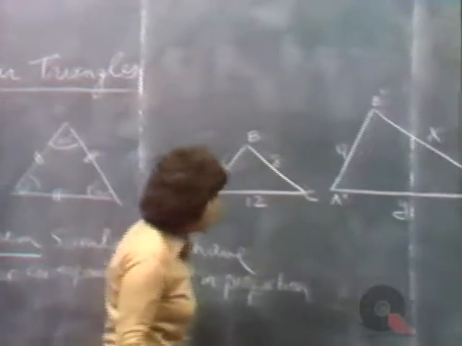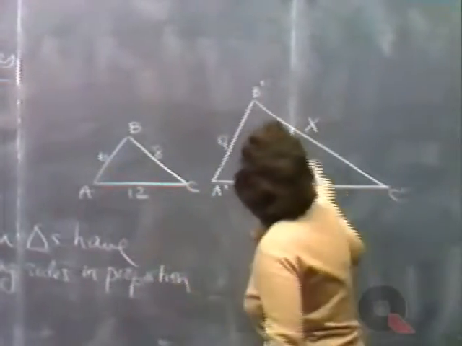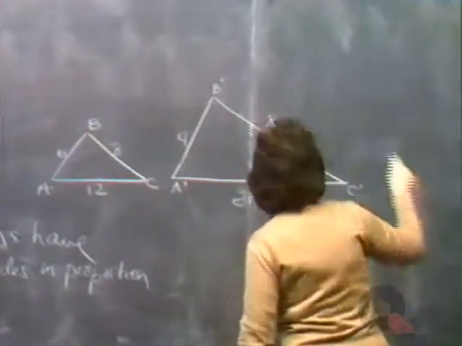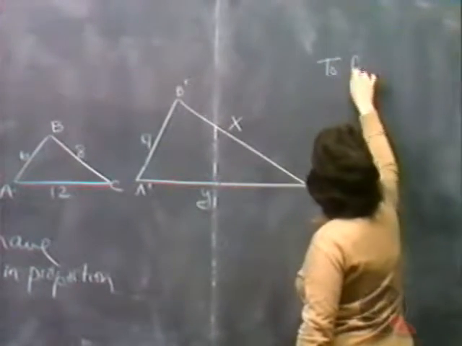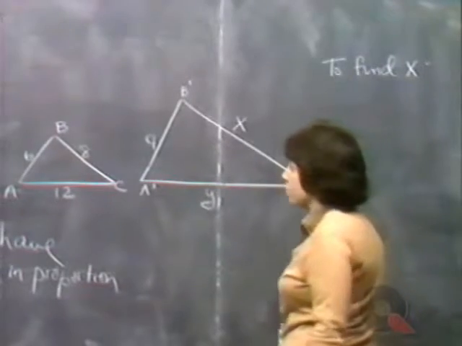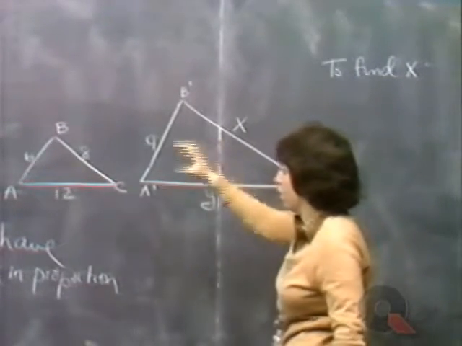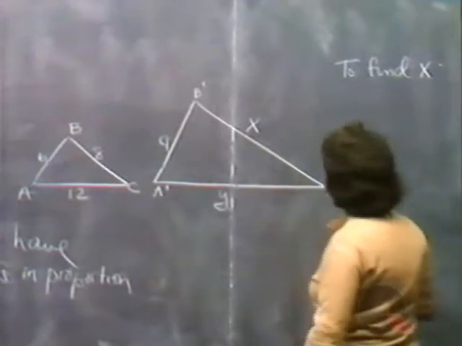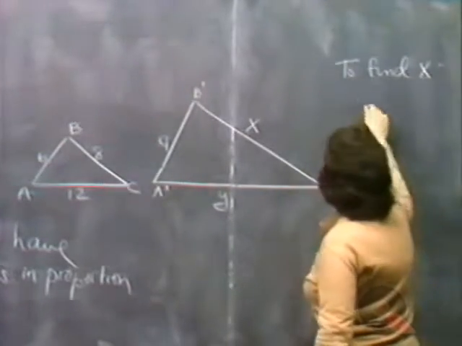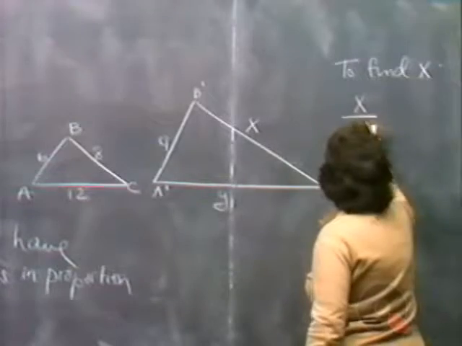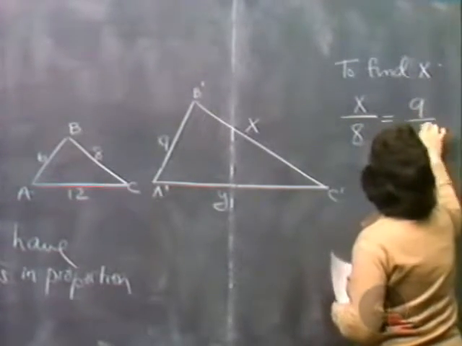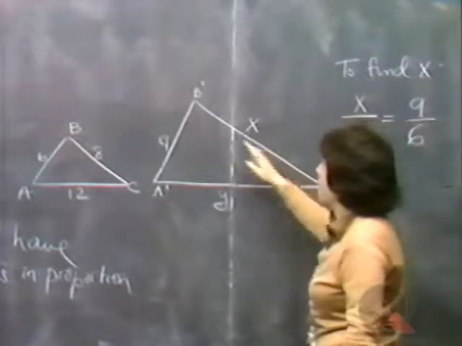Let's start off by trying to find out the length of B prime, C prime, that is to find x. We want to set up a proportion between the triangles. Now, we can say that x is to 8 as 9 is to 6. Let's follow this through.